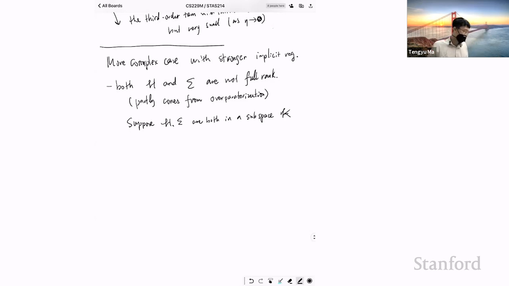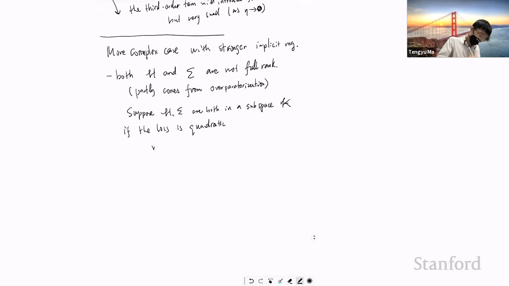And if the loss is quadratic, for the moment, let's still think about the loss as quadratic. I guess we have to compute this. We said that the iterate will have zero, something like this. Recall that this is our calculation, sigma squared di u transpose.